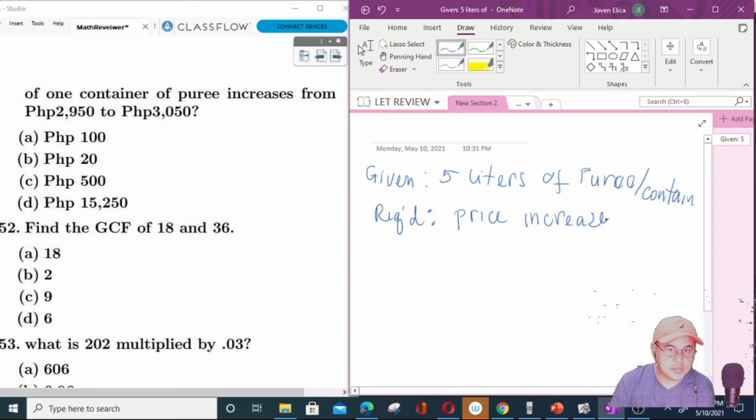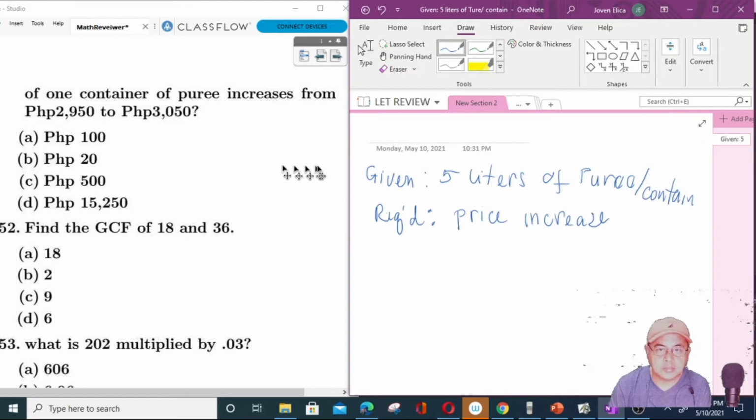Sometimes it's very easy for us to answer the problem if we write down the given. So the given is 5 liters of puree per container. We are asked what is the price increase of this puree per container.